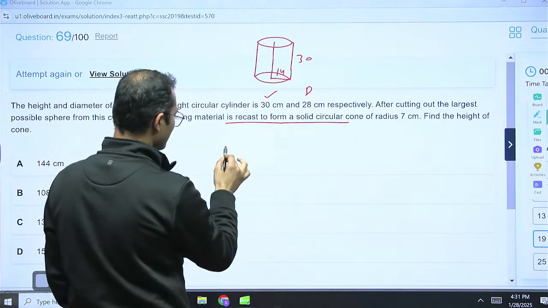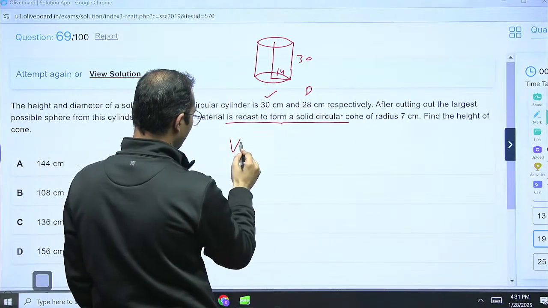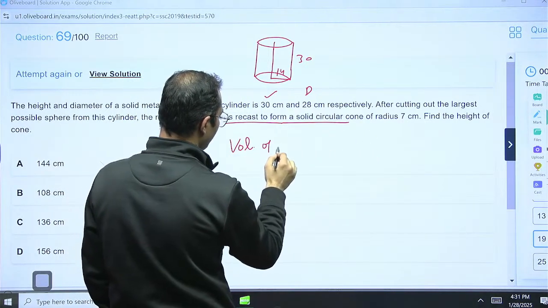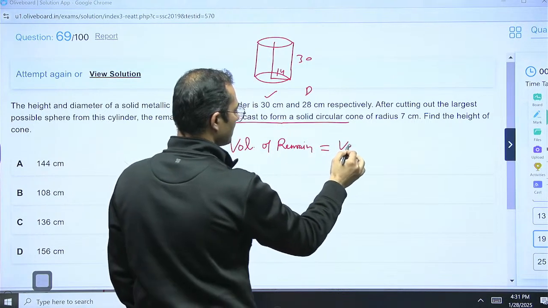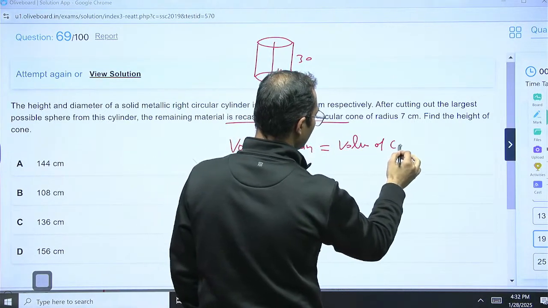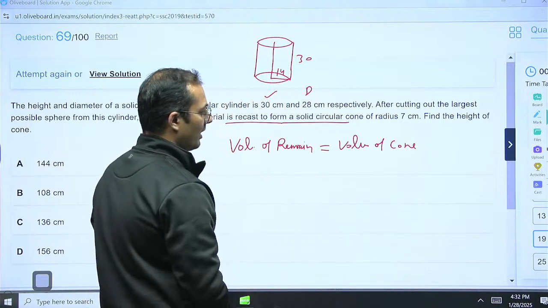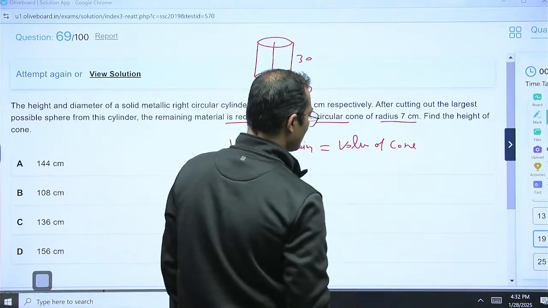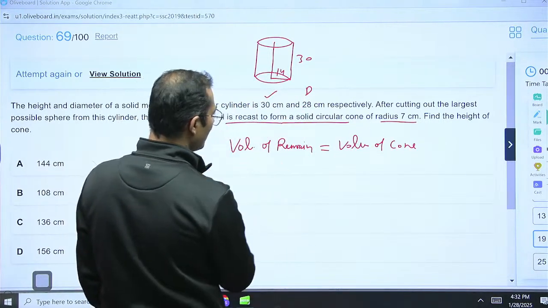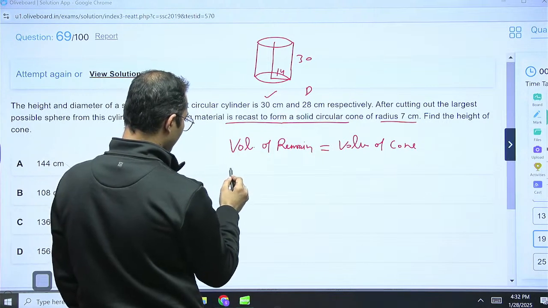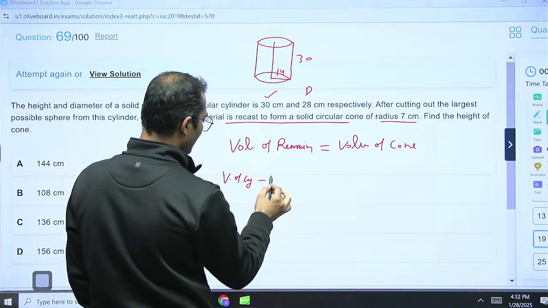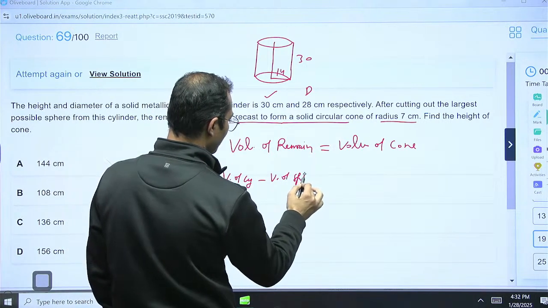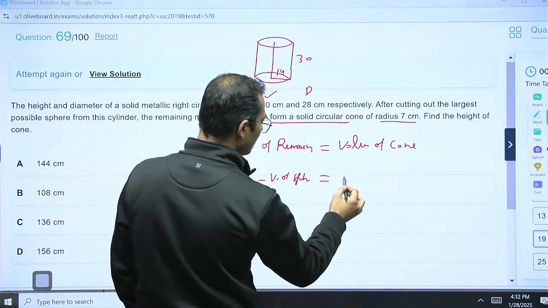After cutting out the largest possible sphere from this cylinder, the remaining material is recast to form a solid cone. So the volume of remaining is equal to the volume of the cone. Volume of cylinder minus volume of sphere is equal to volume of cone.